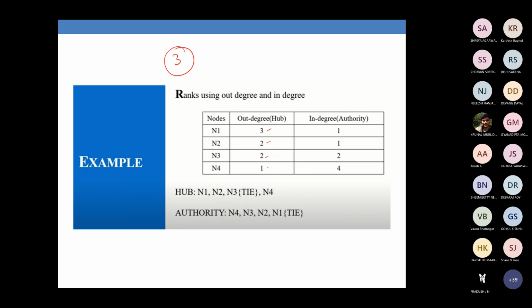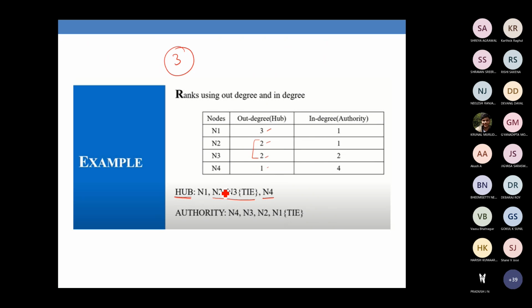If you don't get such a sorted out degree and in degree in order, you rearrange it. Then you give the rank for the hubs and authorities. For the hub, start from the highest out degree: N1, 3, 2, 2. If 2 nodes have the same out degree, you have to give it as a tie.